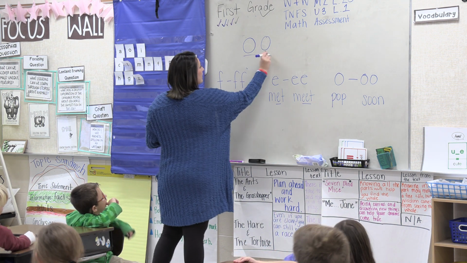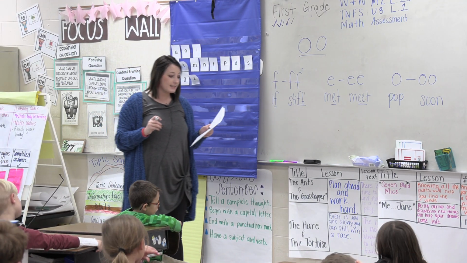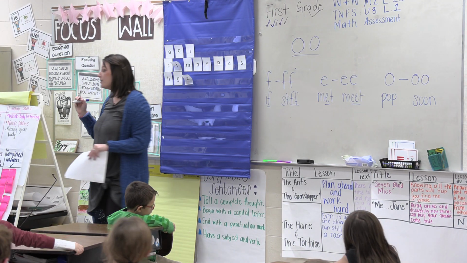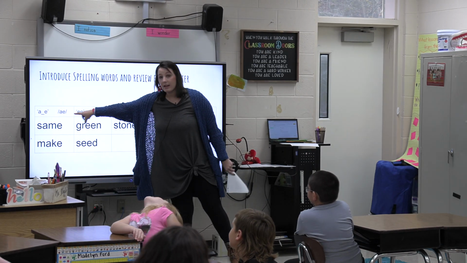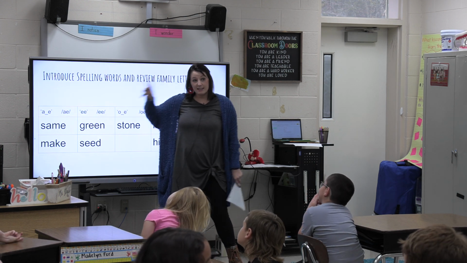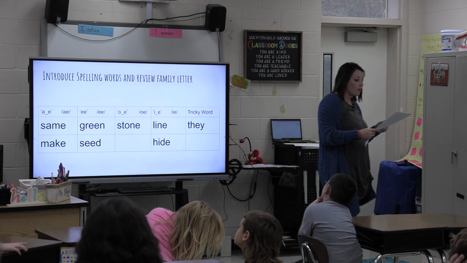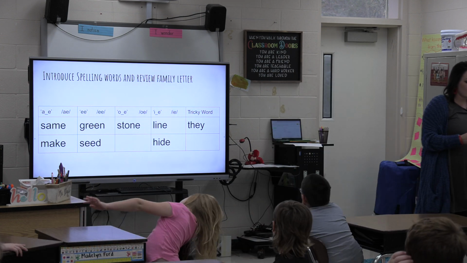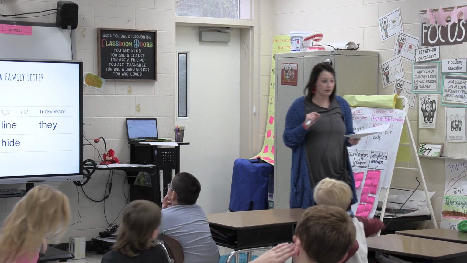These 2 letters work together as a digraph, or as a team, to stand for the ooh sound. Just like A and E, A consonant E work side by side, just like E and E side by side work as a team, that's just like O-O. Both of them together make a team and it makes the ooh sound.